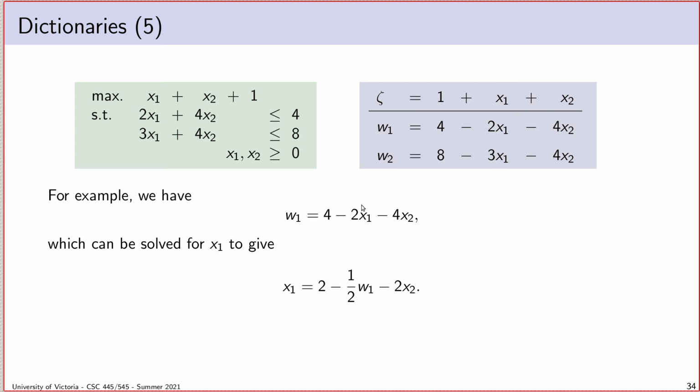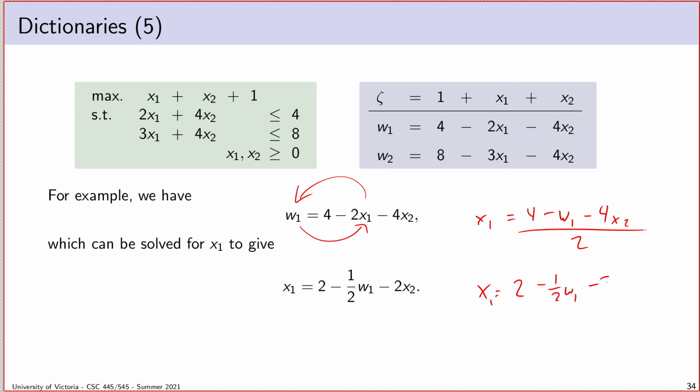So if I move x1 over here and I move w1 back, I get 2x1 equals 4 minus w1 minus 4x2. And then if I just want to know what x1 is, I divide the whole thing by 2. So x1 equals 4 over 2, which is 2, minus 1 half w1 minus 2x2.